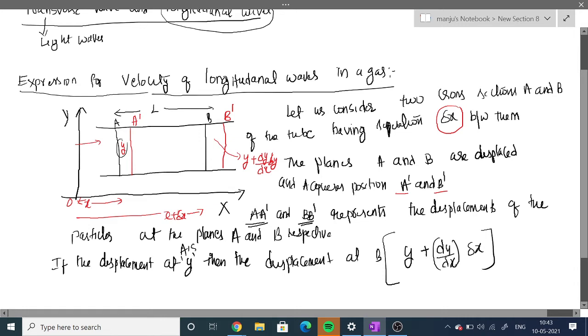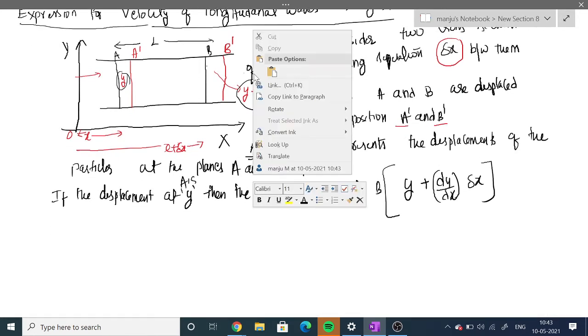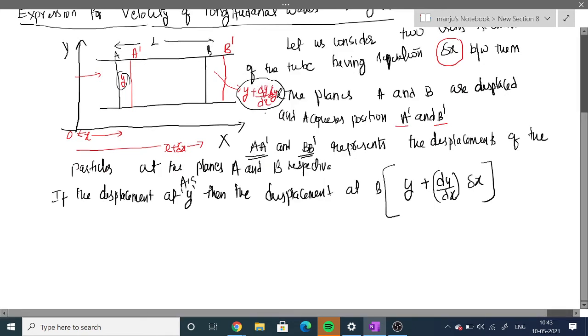So the displacement A to A dash is y, and B to B dash is y plus dy by dx into delta x. Here I had written delta y, but it should be delta x.